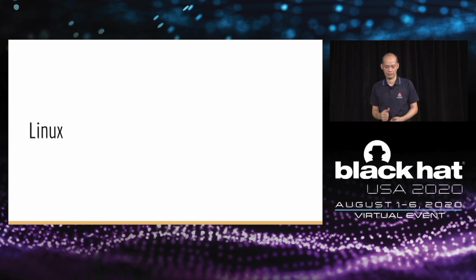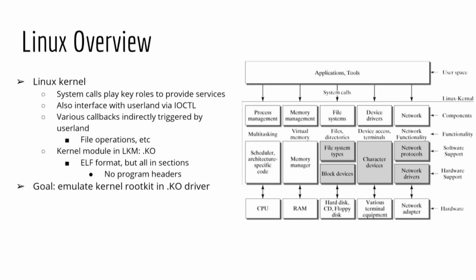The first one is system calls, because system calls play a very important role to provide services, and many kernel rootkits would override the system call to provide their own functionalities. And we also care about the I/O control system call, because the kernel rootkit can provide some functionality to the user land via this system call.